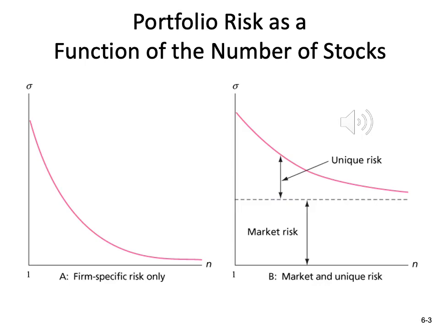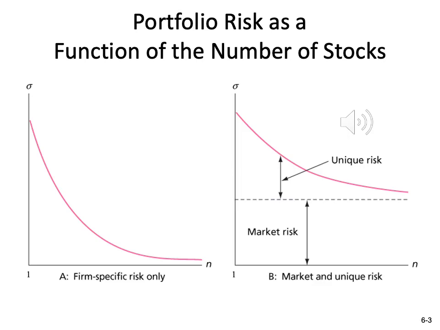If we hold just one stock, we have the highest level of firm-specific risk, because if something happens to that one particular stock, your portfolio is at great danger. As the number of stocks increase, the firm-specific risk is gradually decreasing and it approaches zero theoretically. Then we look at the right-hand side.